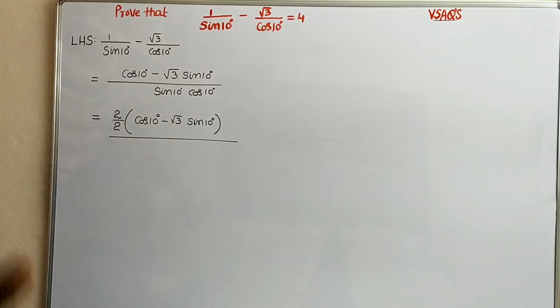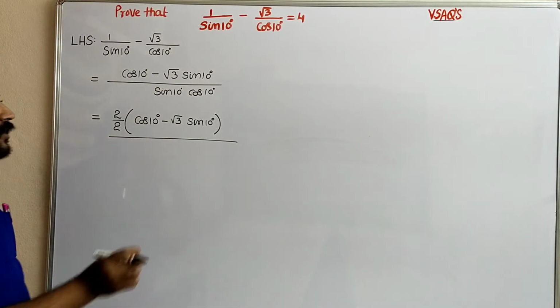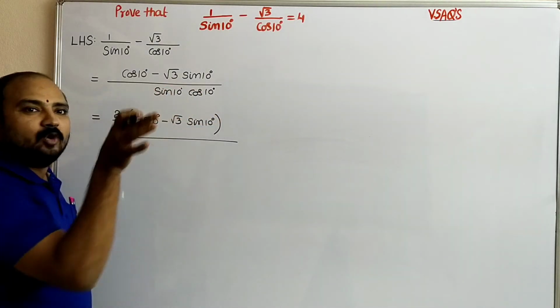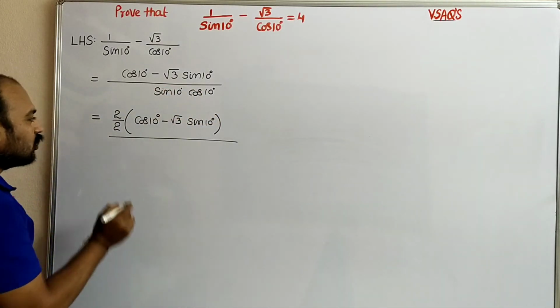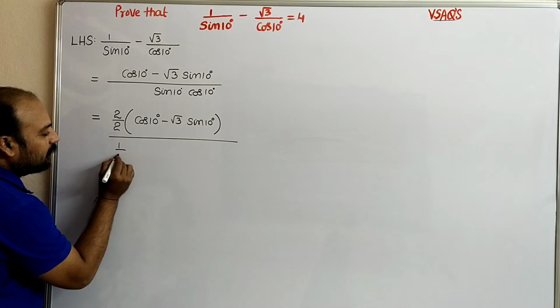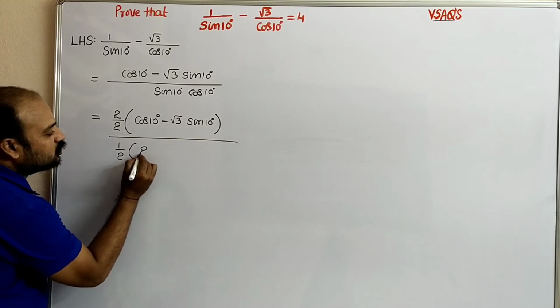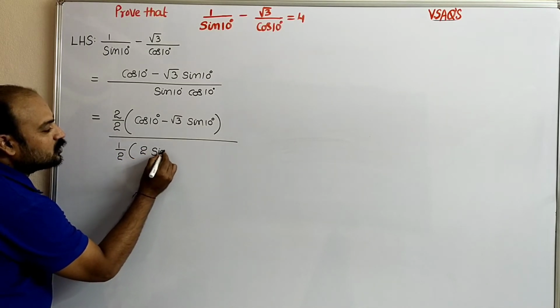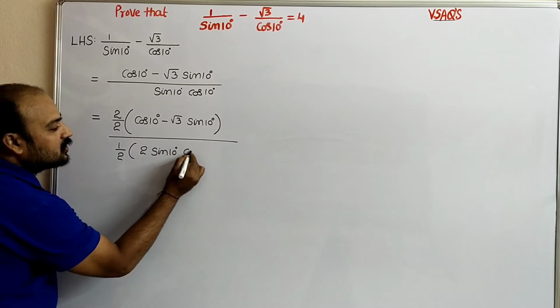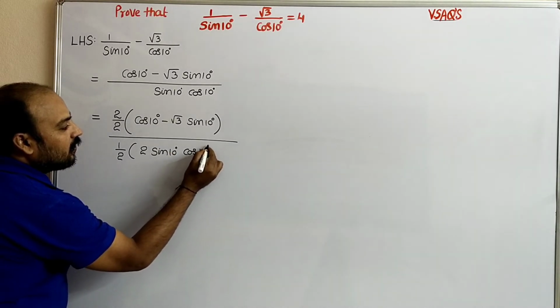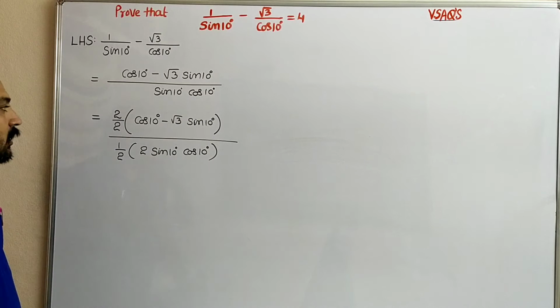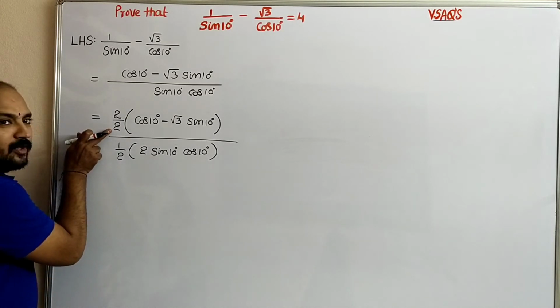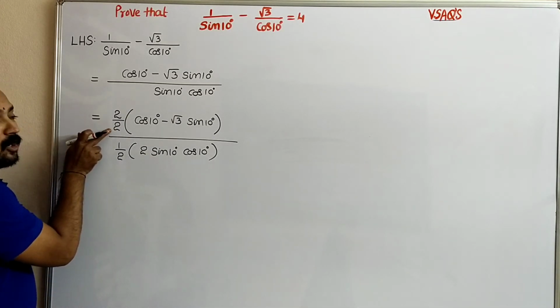To get the formula form, sine 2 theta is 2 sine theta cos theta. Here only sine theta cos theta is there, 2 is not there. So that is the reason for multiplying and dividing by 2 in the denominator. So 2 sine 10 degrees into cos 10 degrees. So here 2 is there now in the denominator, and in the numerator also a 2 is there.